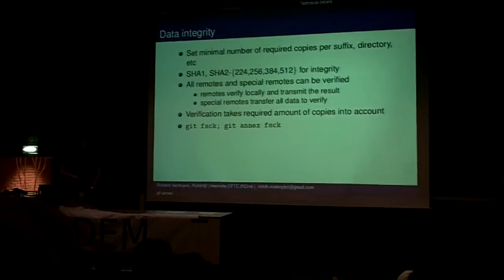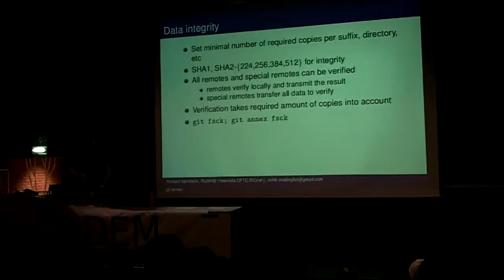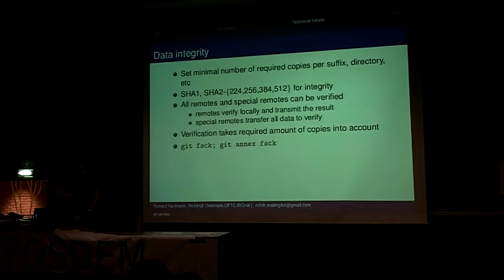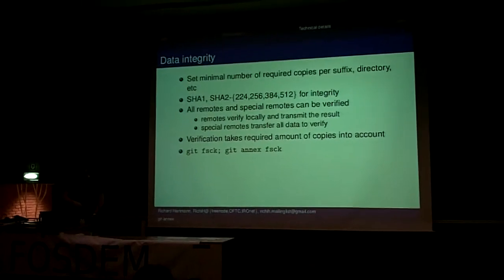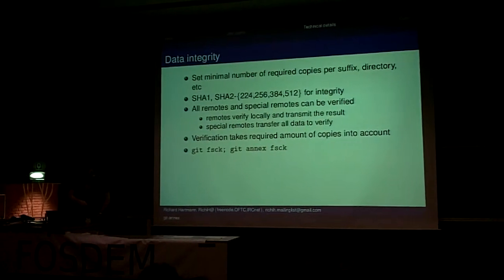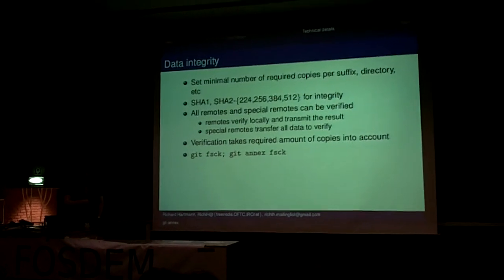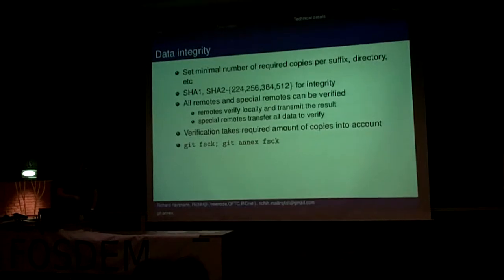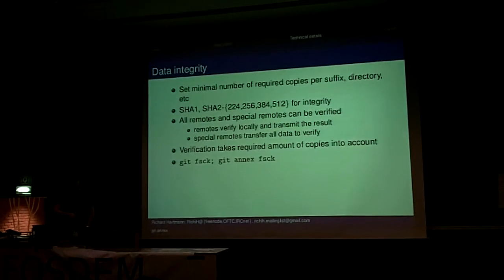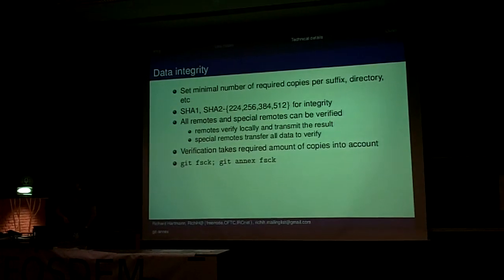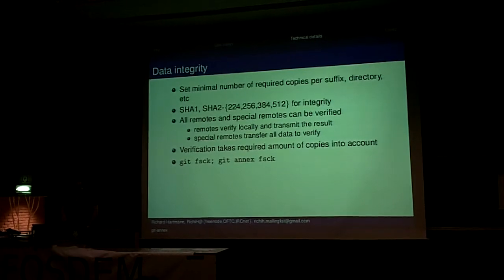Obviously, if you are using a special remote where JIT-NX has no direct control, you need to transfer all the data to make sure that it really is still correct. And this here is basically everything you have to do. Just run it once. When it exits with 0, you're fine and you know that everything is okay. So that gives you quite a peace of mind.